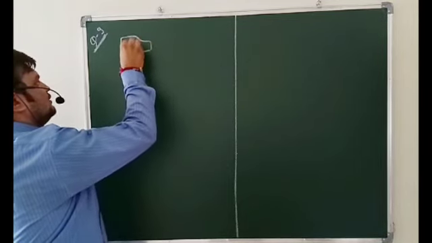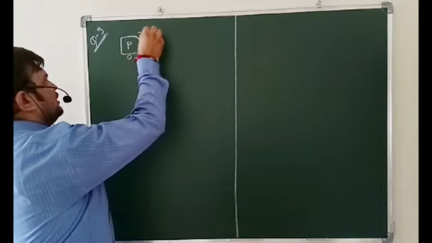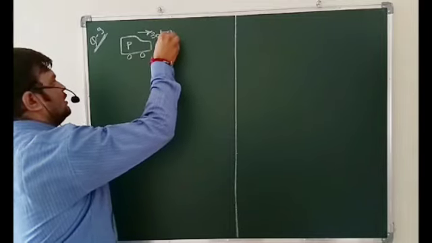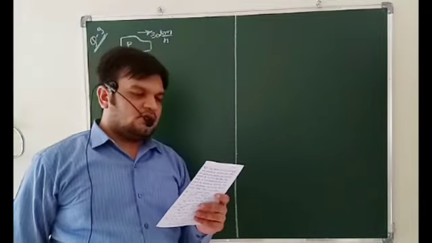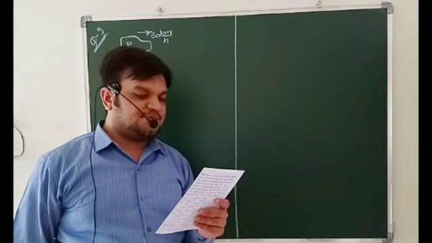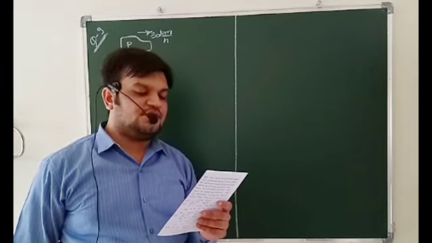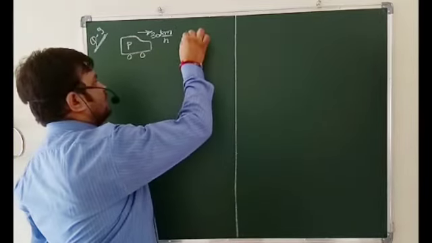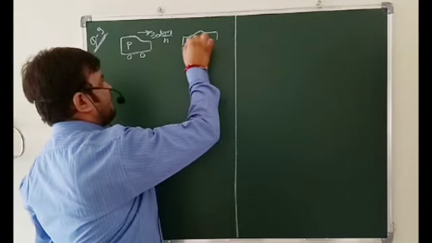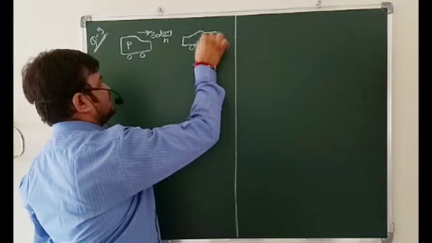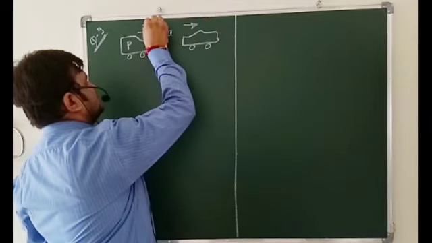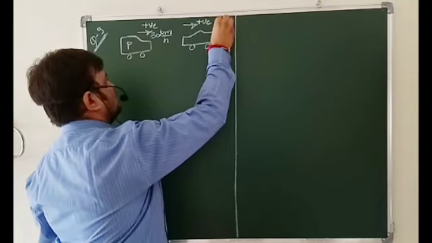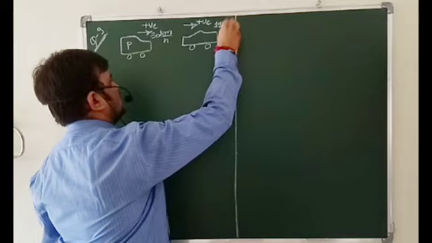So this is the police van and it is moving with 30 km per hour. It fires a bullet at the thief's car, which is speeding away in the same direction, the positive x direction, with 192 km per hour.